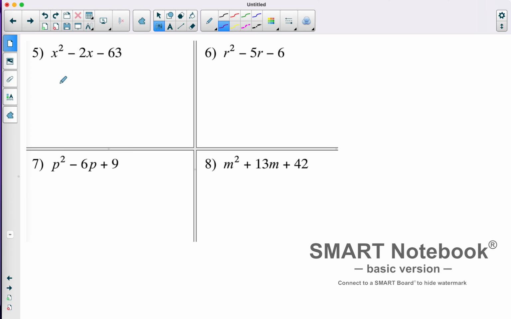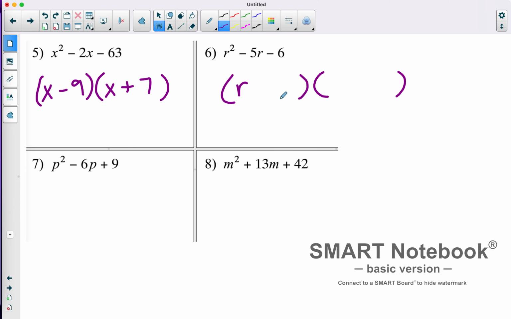Okay, so if you have already done this on your own, you factored and you found something like x minus 9 times x plus 7. For number 6, you saw r minus 6 times r plus 1, or you could have had them in a different order, r plus 1 times r minus 6.